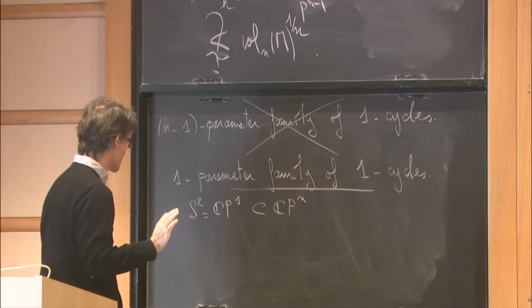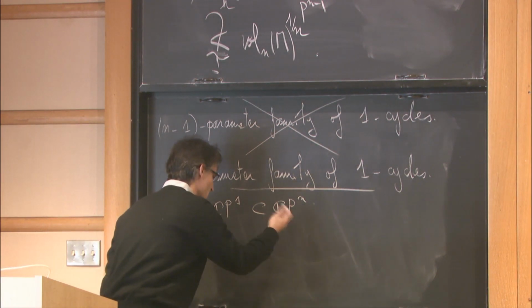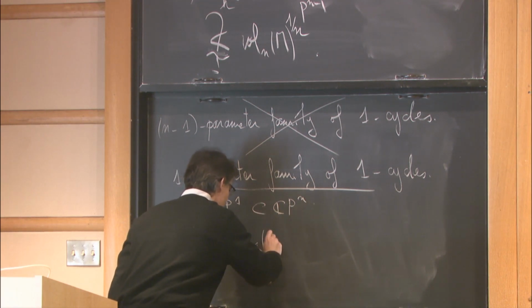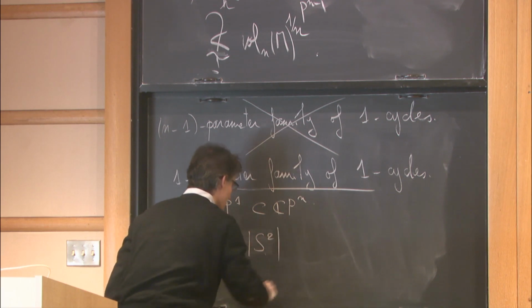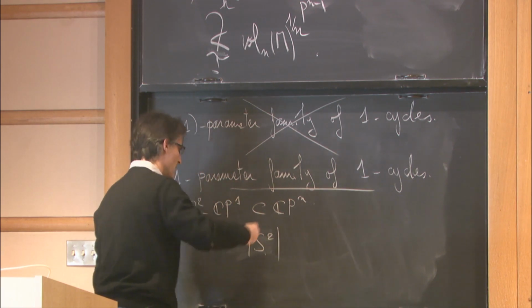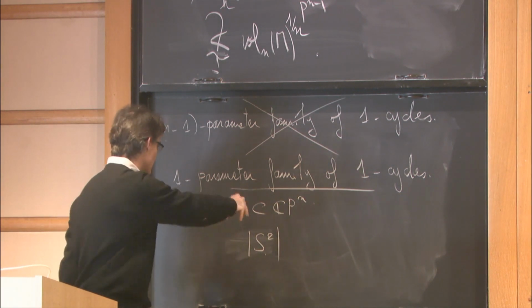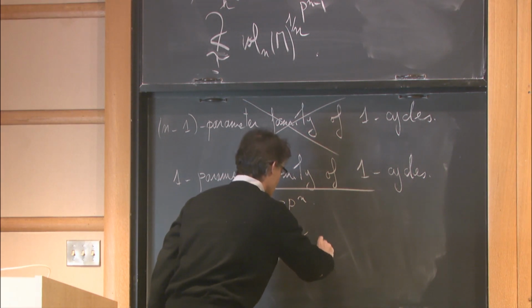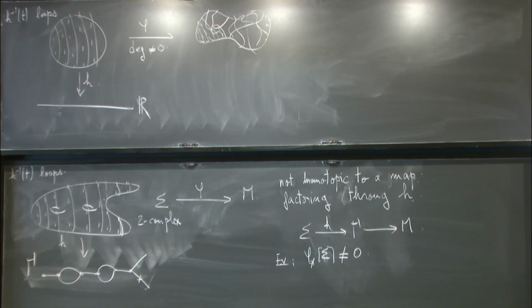One way to do that is to say, maybe I can find a lower bound for the minimal area of a sphere homotopic to CP1 that satisfies such an inequality. Here that's the area, that's the volume of CPN.